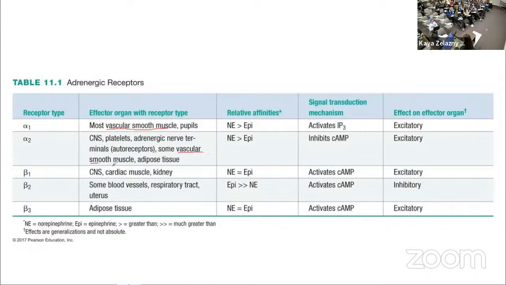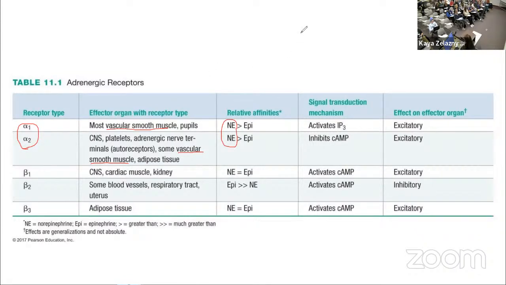So now we know that that's that smooth muscle around our blood vessels. So we can see that our alpha adrenergic receptors have a greater affinity for norepinephrine, which is what we were just talking about as our main neurotransmitter coming out of our postganglionic sympathetic neurons, okay, norepinephrine, from our alpha receptors.